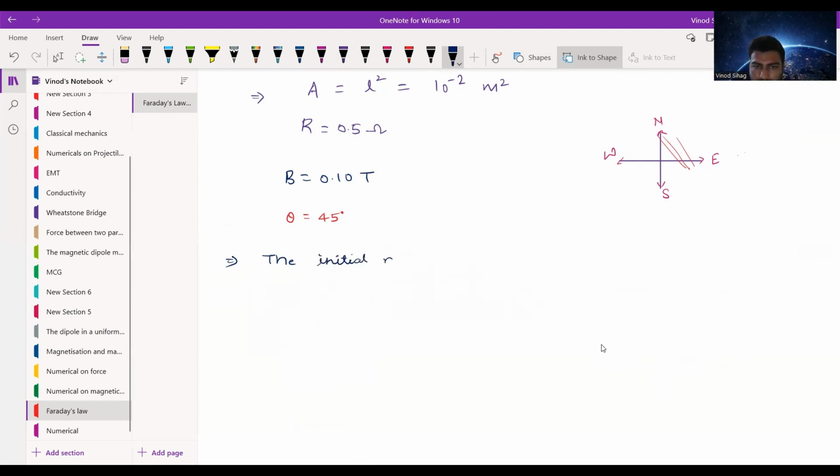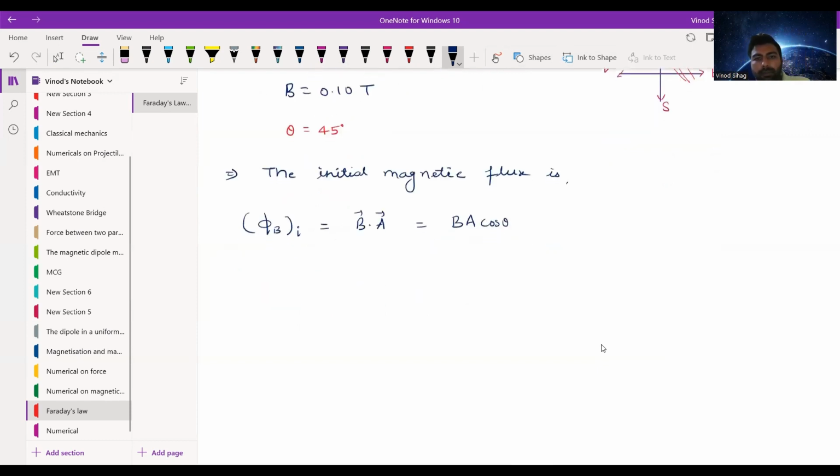That's why the initial magnetic flux, phi b initial, is b vector dot a vector equals to B A cos theta. Okay, now we will place the values.